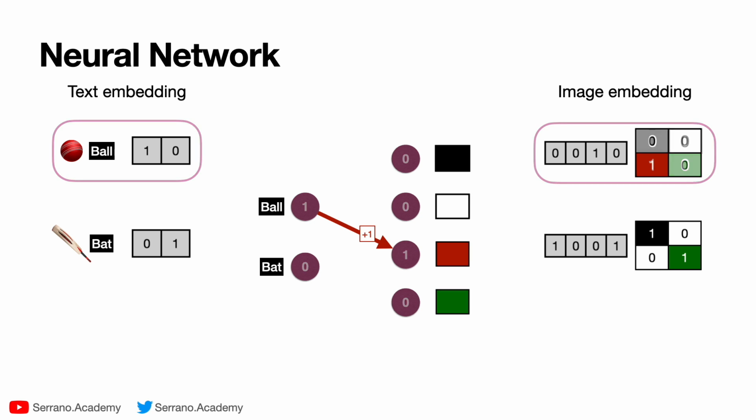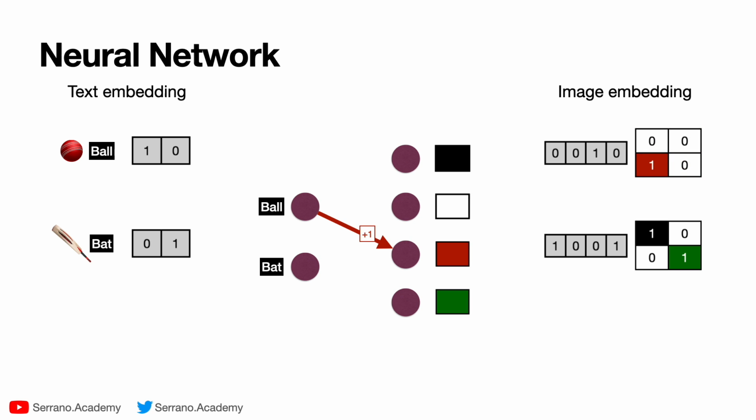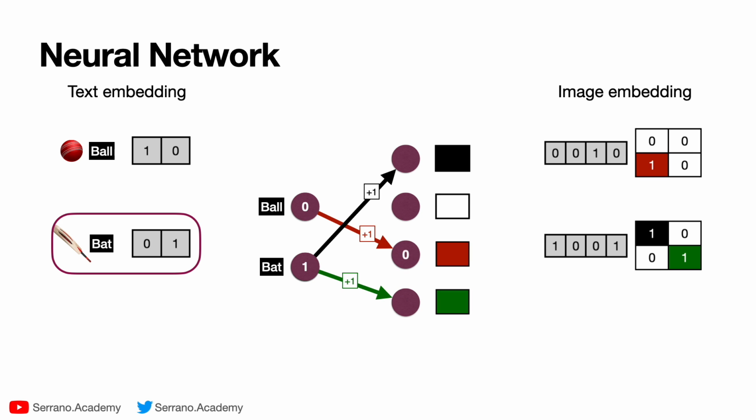Now let's do the same thing for bat. So what do I need for the bat in the left to go to a bat in the right? Well, if I take this edge to be 1 and this edge to be 1, then that works. Check it out. The coordinates for bat are 0, 1, so I put the 0, 1 here. And now, the 0 on the top becomes a 0 here, because it gets multiplied by the weight of the red edge. And the 1 on the bottom becomes 2 1s on the right, because it gets multiplied by the weight of the black and the green edges.